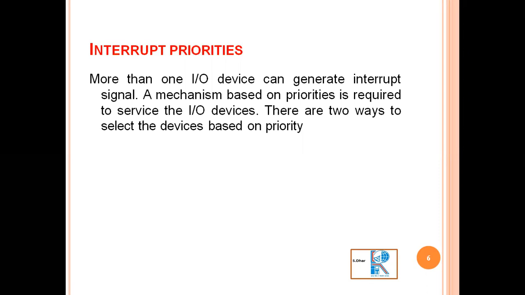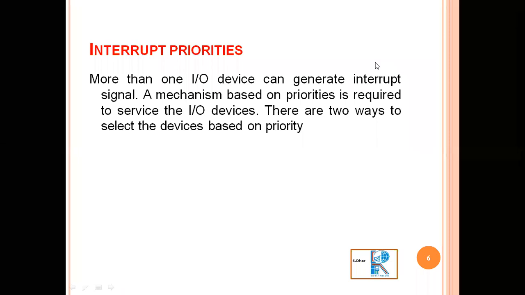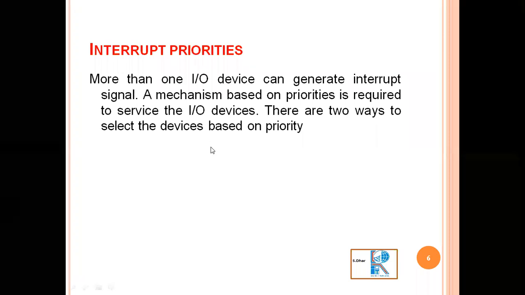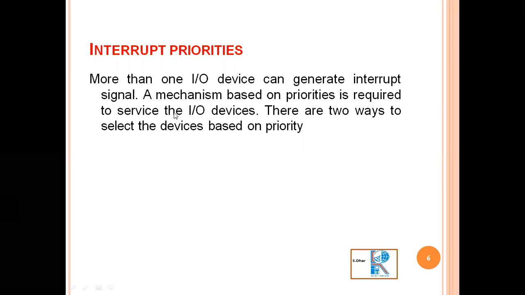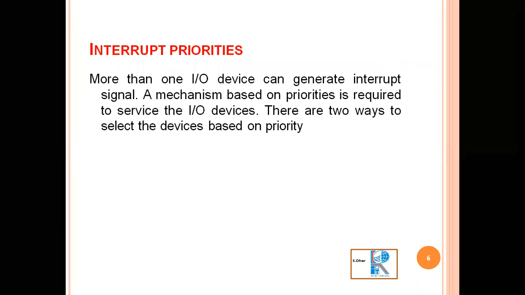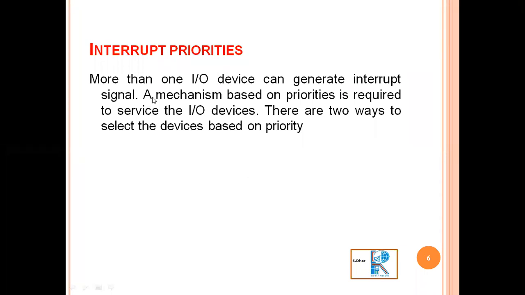Now the question is, which I/O device will the CPU service? So the CPU has to give some priority to the I/O devices. The I/O device which has the highest priority will be serviced first. Then comes the next I/O device with lower priority. So a mechanism based on priorities is required to service the I/O devices.